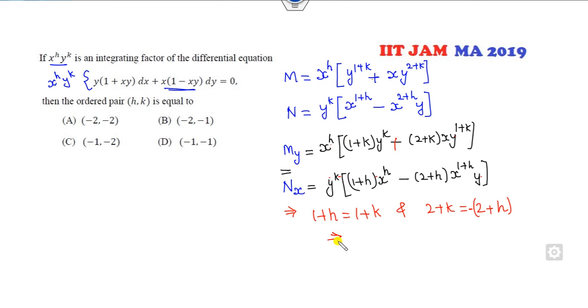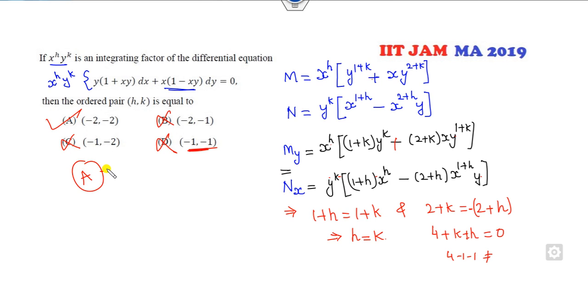From this case it is h is equal to k, so this option is cancelled, this option cancelled. Now from this case it is 4 plus k minus h is equal to 0. You can see which option is satisfied. So this option is not satisfied because 4 minus 1 is not 0. This option is cancelled. A is my right answer of this problem.